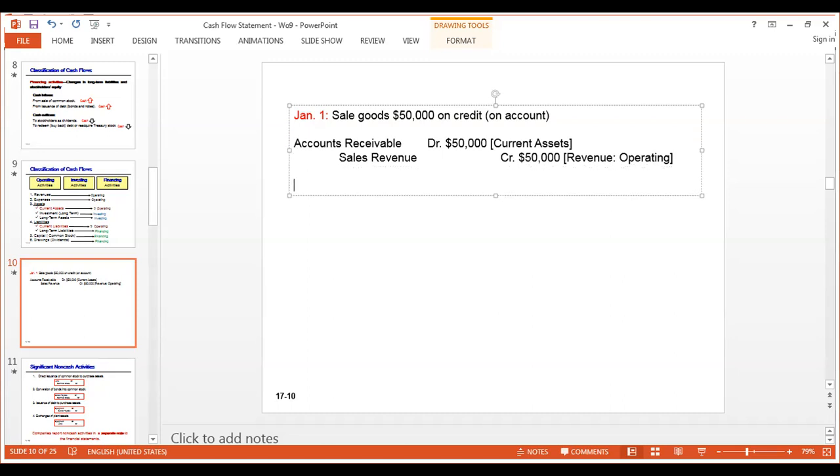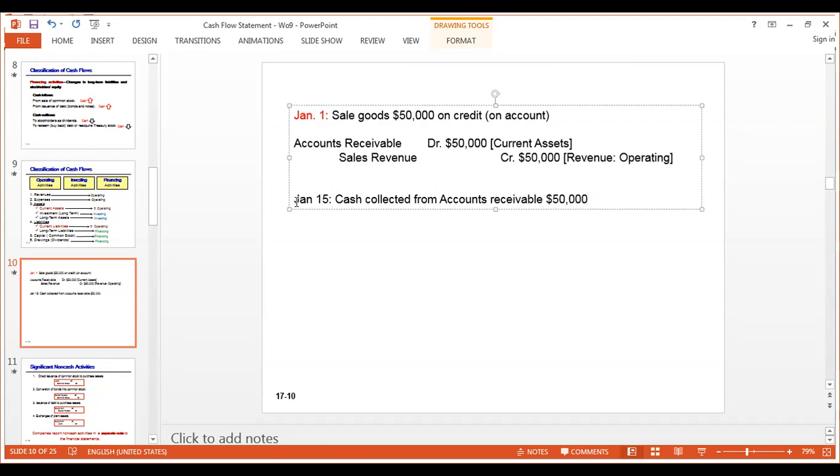So look at another journal entry. January 15: cash collected from accounts receivable, $50,000.